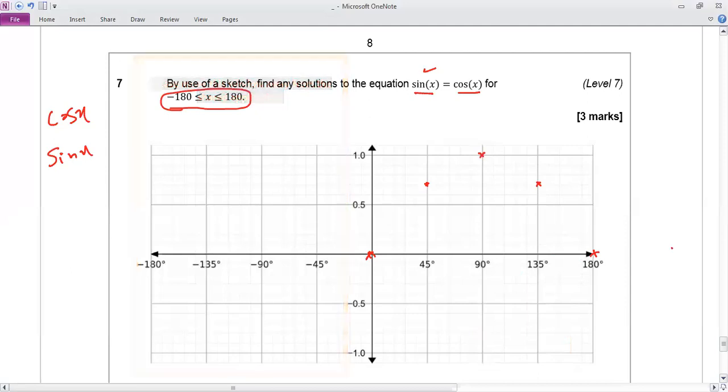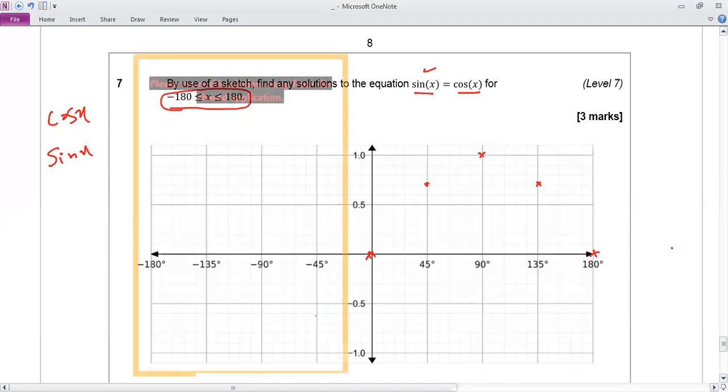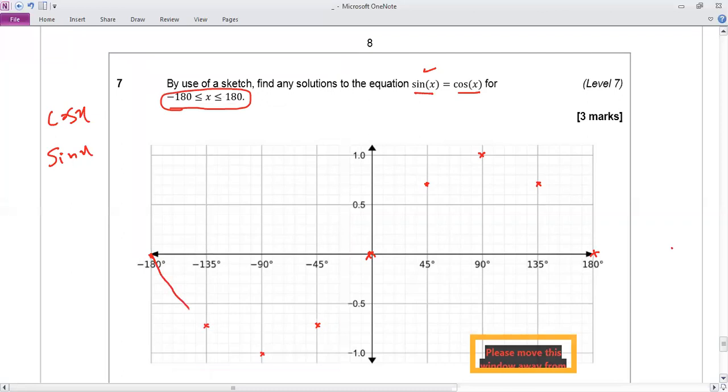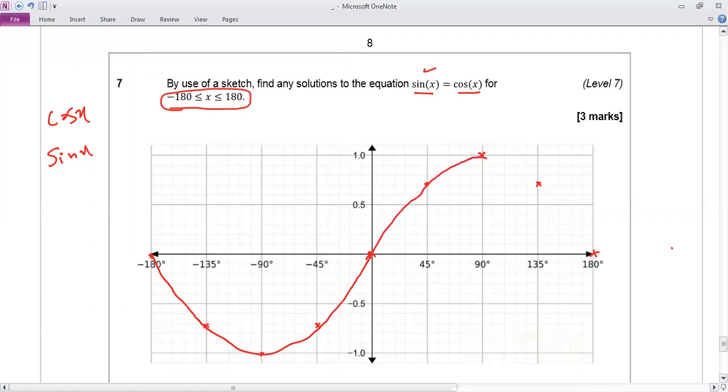Then for minus 45 degree, it will be negative 0.5, 6 and 7 approximately here. Then minus 1, this one, and then again this one and this one. So this is the graph for sin x from minus 180 to 180. So for any values, easily you can sketch that.